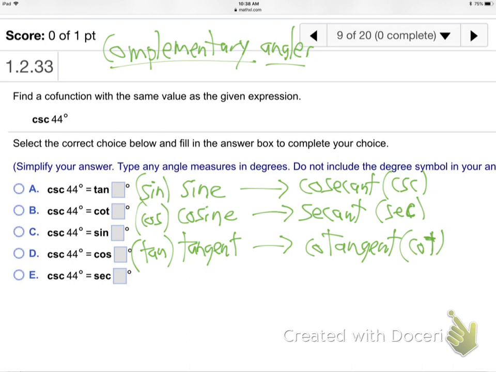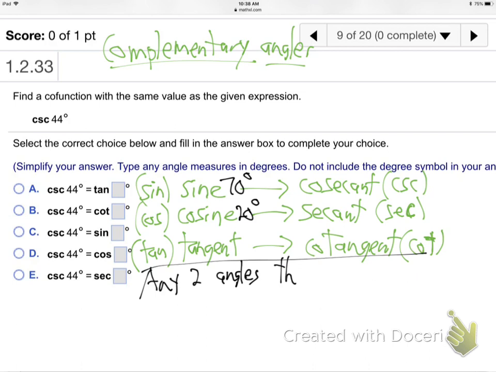Meaning that if you have the sine, say, of 70, it'll be the same as the cosine of 20, because they add up to be 90. Is that making sense? Let me write this out. Any two angles that add to be 90 are called complementary.